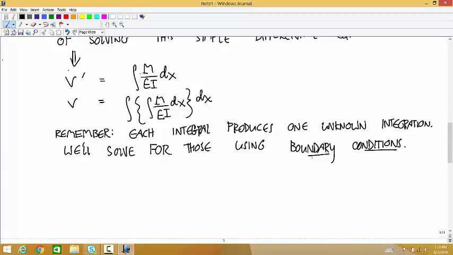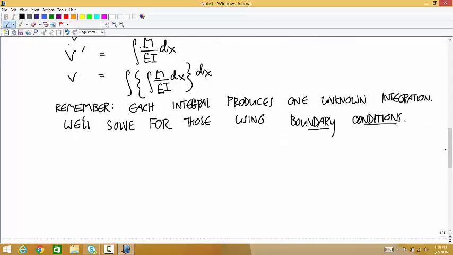Okay, so here are the boundary conditions that we're going to use for beams. I have it just divided up into two. The first has to do with joints.